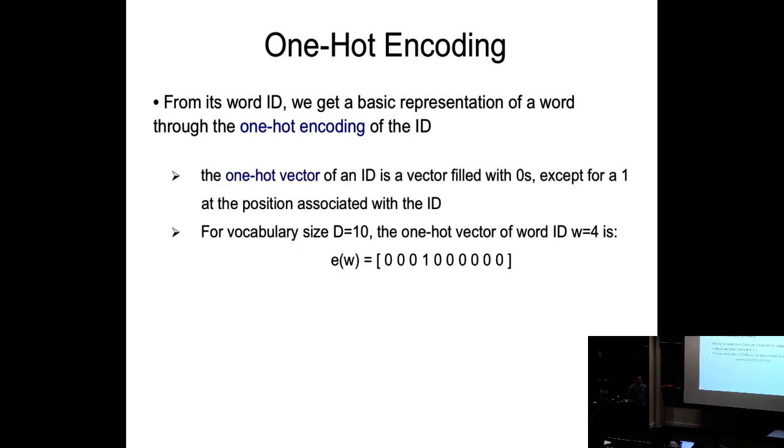So now, based on the word ID, we can get a basic representation of the word through one-hot encoding of the dictionary. For example, if we have a vocabulary of size D, the one-hot vector for word ID 4 would be represented this way.